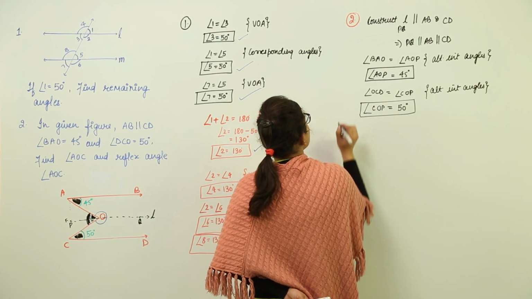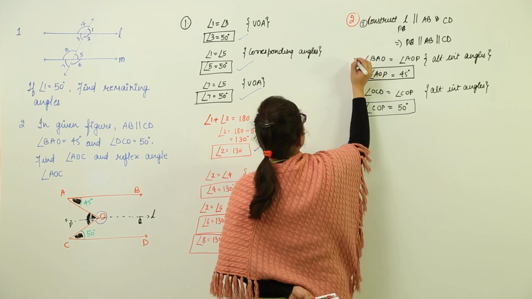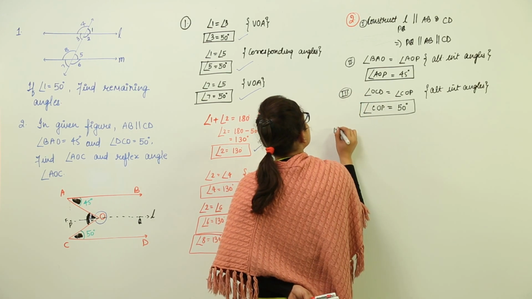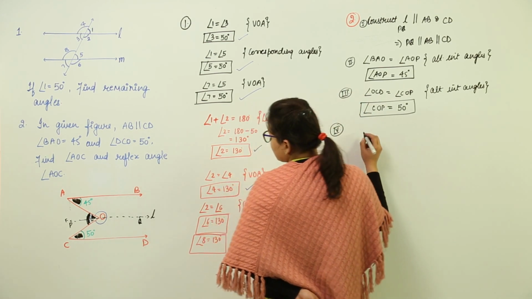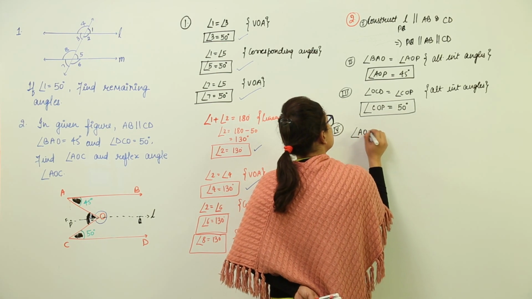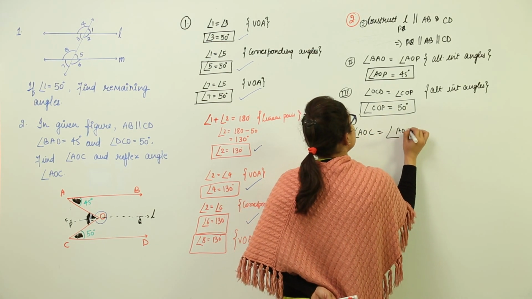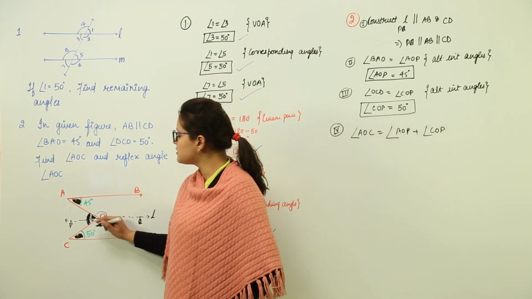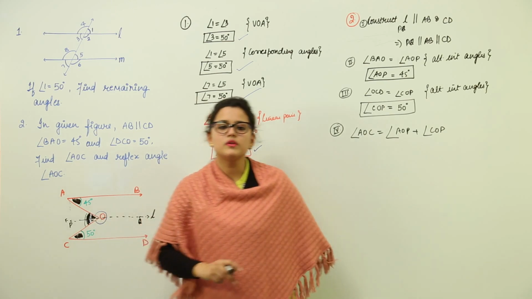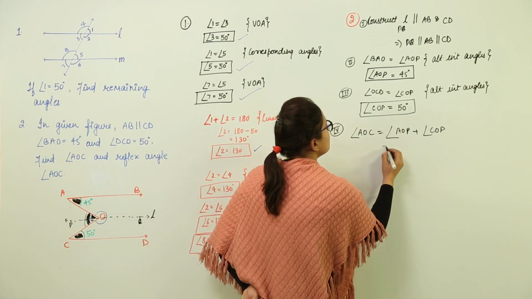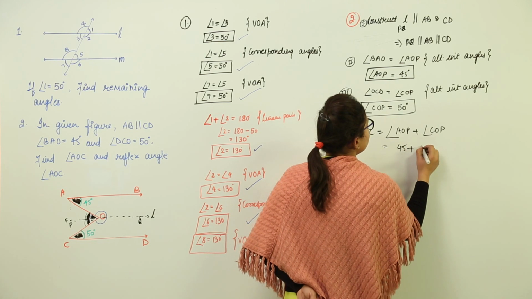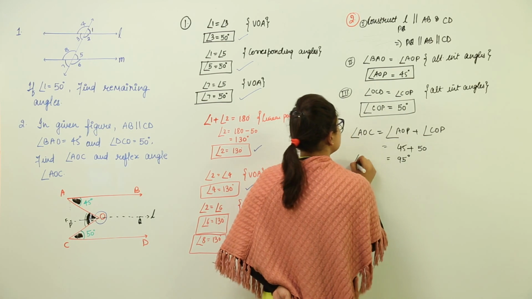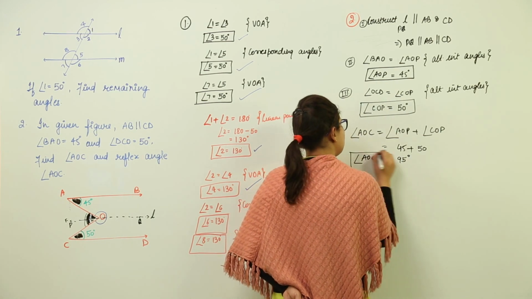And now the third step, this was the first step done, this was the second, the third, and now the fourth and final step would give us angle AOC equal to angle AOP plus angle COP. We know that angle AOC is the total of this plus this, so we have written them as the sum. Now AOP was 45 as we have found and COP is 50, so we get this as 95 degrees. We have got the angle AOC as 95 degrees.